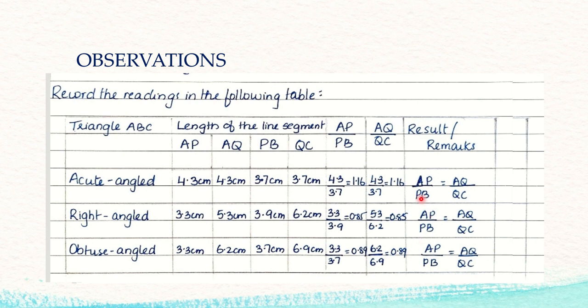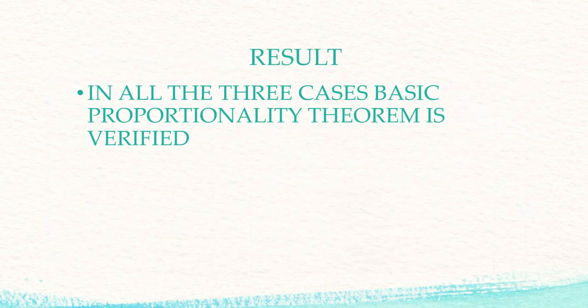Now the inferences: in the acute angle triangle, AP by PB equals AQ by QC, and similarly in the other two triangles which have been checked. So the result is, in all the three cases, the basic proportionality theorem is verified.